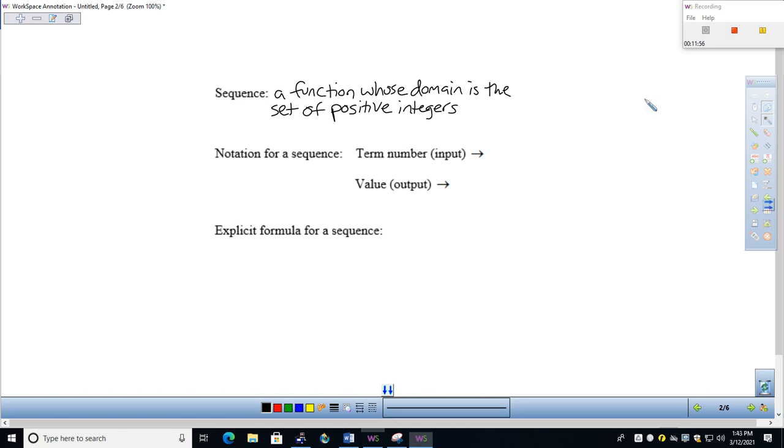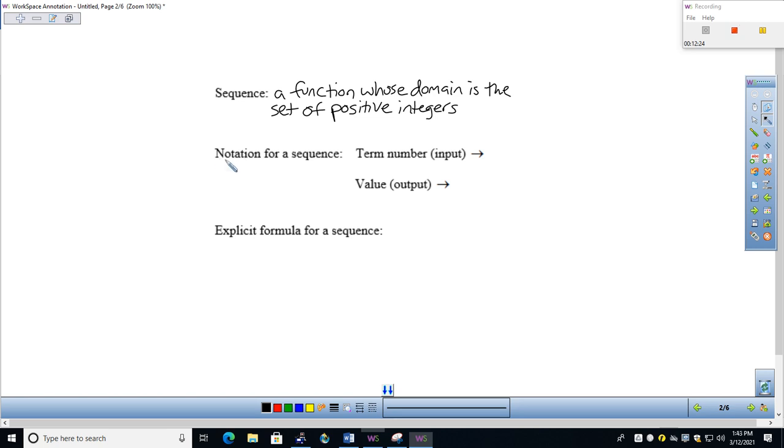Sequences are not continuous functions. They are what are called discrete functions, meaning we're not going to connect the dots and draw it without picking up my pencil. There's more like one dot and another dot and another dot and another dot. It is a discrete function, not continuous. Okay, and we'll see the graph of one in just a little bit.